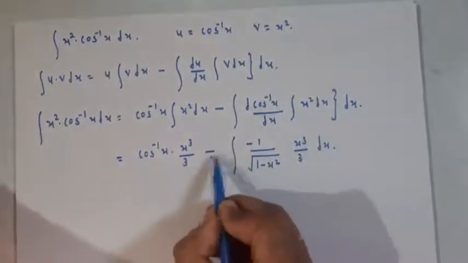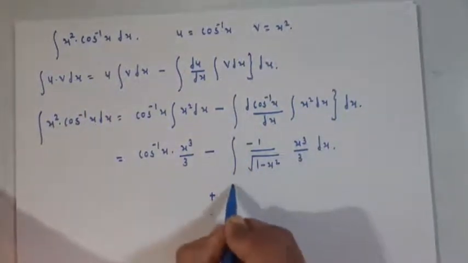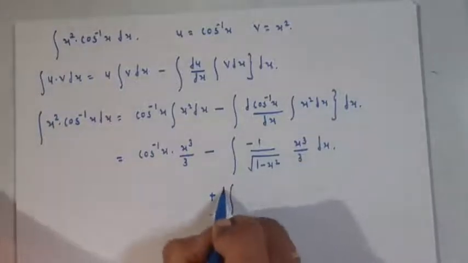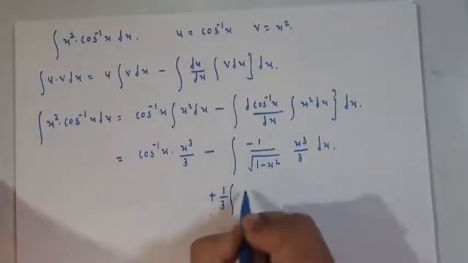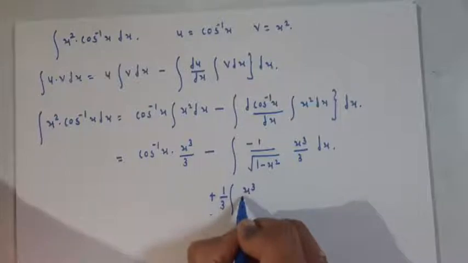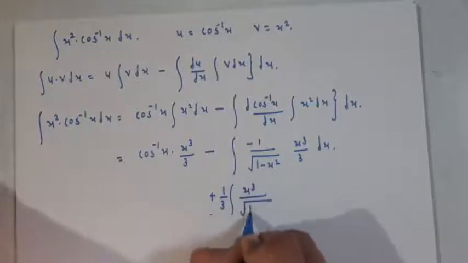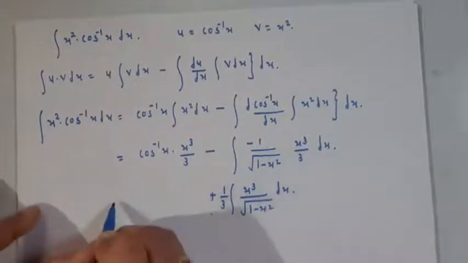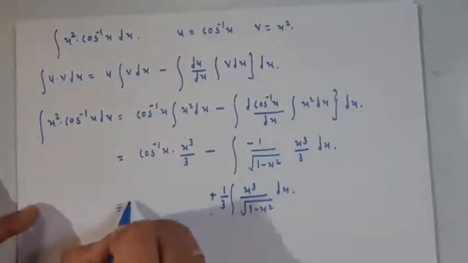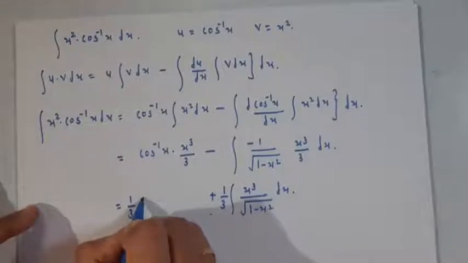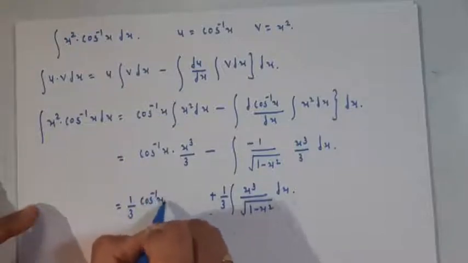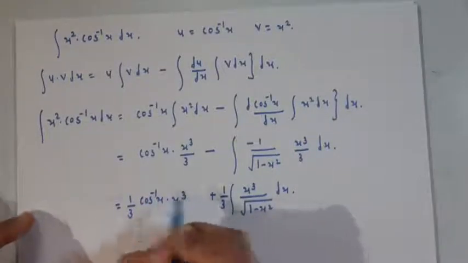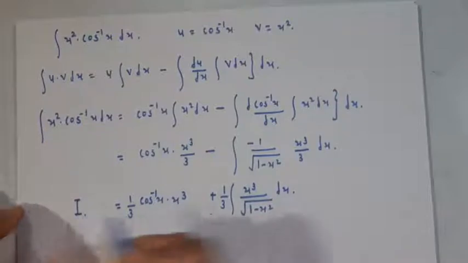Okay students, now minus becomes plus, and we take the constant 1 by 3 outside, and now x raised to 3 upon square root of 1 minus x square with respect to x, and this is 1 by 3 cos inverse of x into x raised to 3, and now the integration I equal.